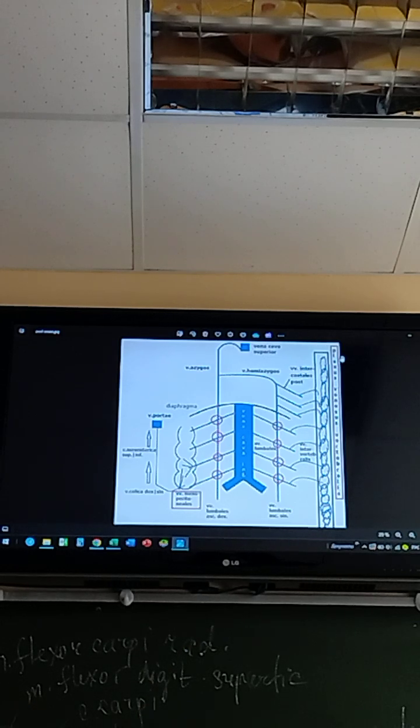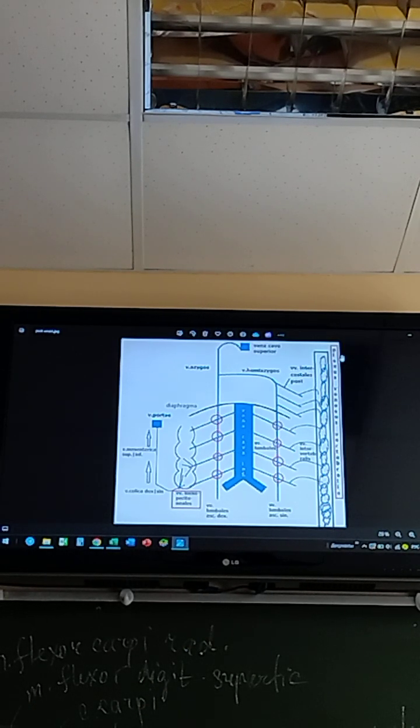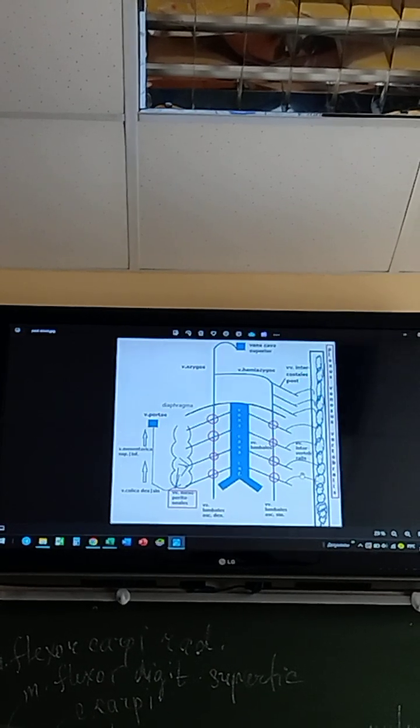It is a very long plexus. Blood from the upper half should go to the upper veins, and from lumbar and sacral parts to the lower veins. Veins which take blood from the plexus are called intervertebral.